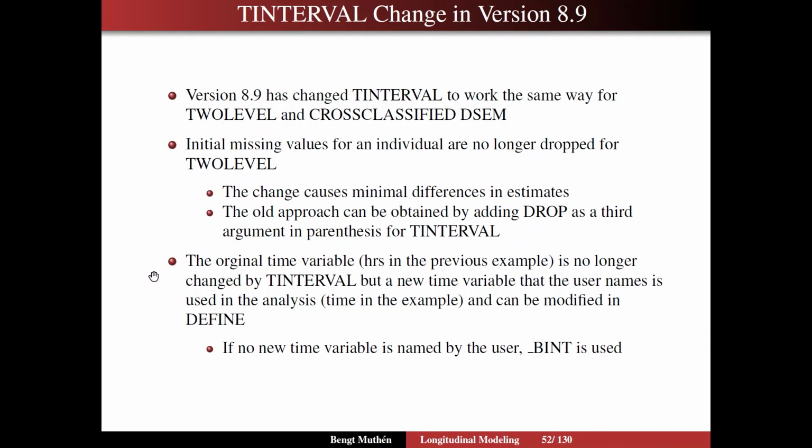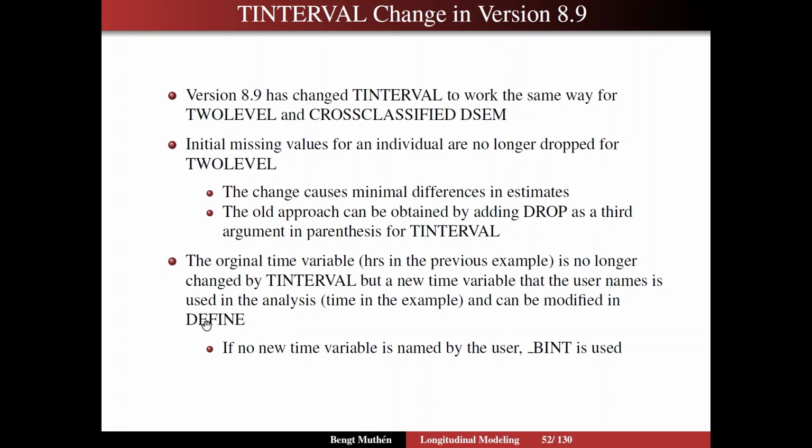And also the original time variable, which is called hours in this example, is no longer changed by T-interval. We don't want T-interval to change your data that way for the analysis. But a new time variable that the user names is used in the analysis. That's time in the example. And that variable can be modified and defined if you want to.